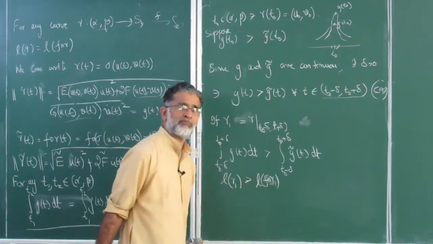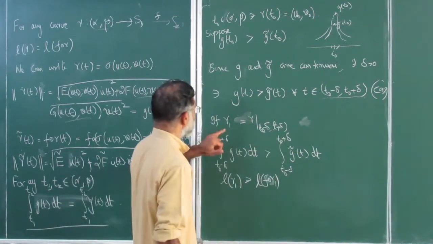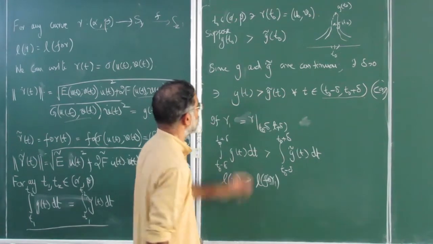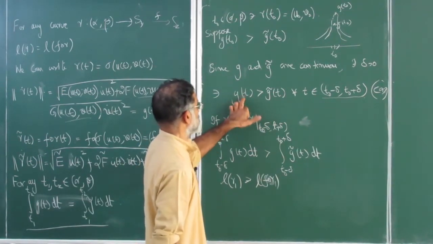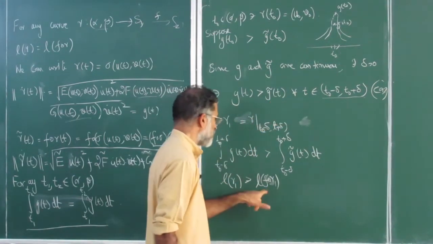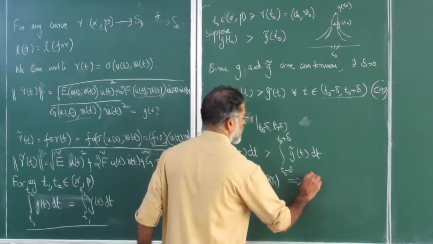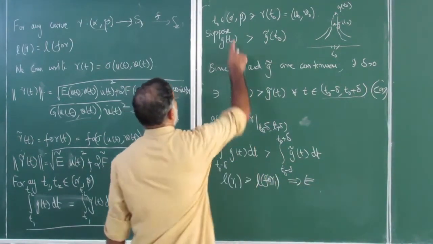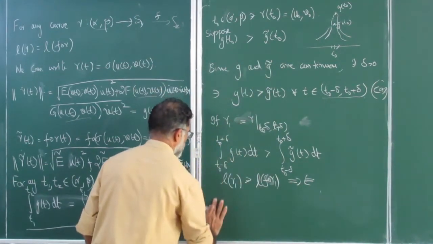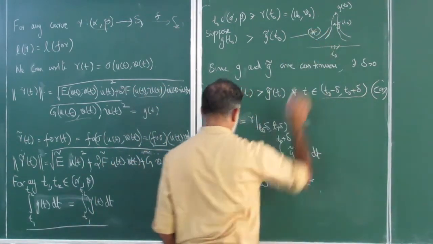That's a contradiction. Gamma 1 is gamma itself, except that the domain is restricted to t0 minus delta, t0 plus delta, where the integrand is strictly greater than the integrand associated with F composite gamma 1. So that is a contradiction. Therefore, our assumption that at the point t0 this is greater is false. So hence this star is false.